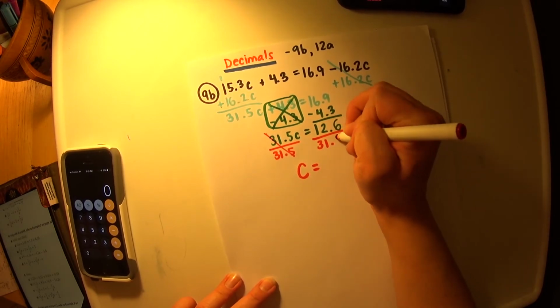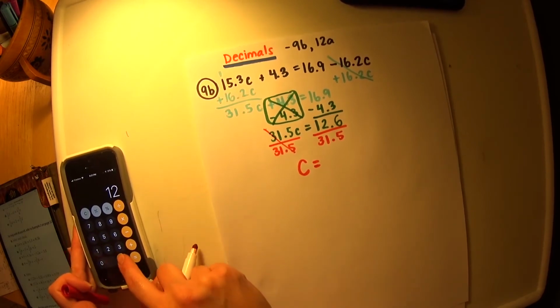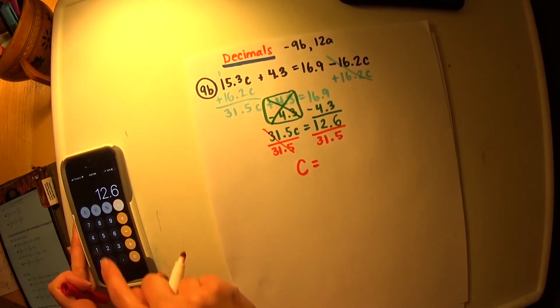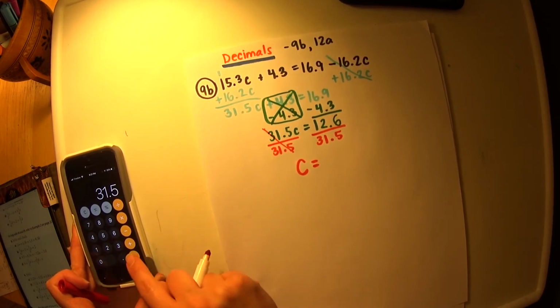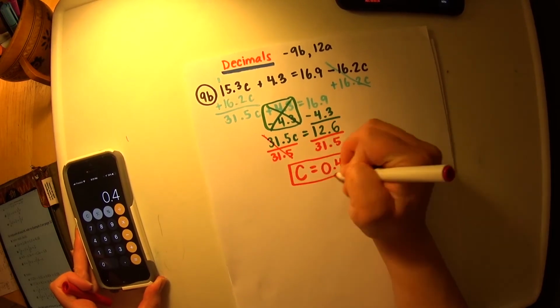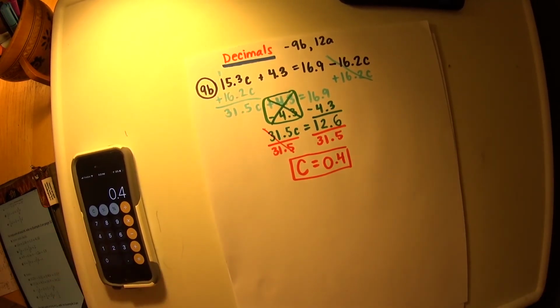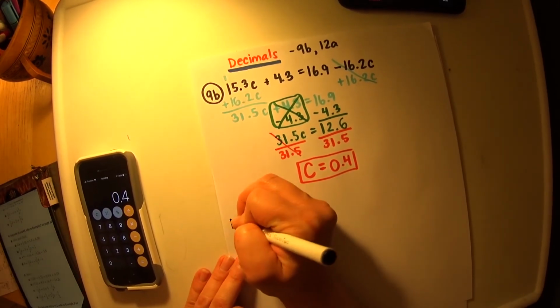Divide by 31.5. So finally, I go 12.6 divided by 31.5 equals 0.4. Box it up. Final answer.